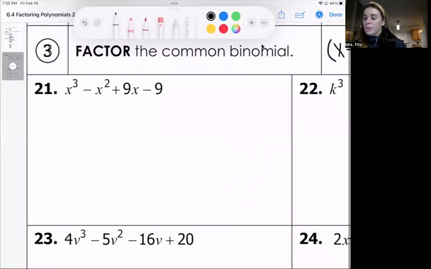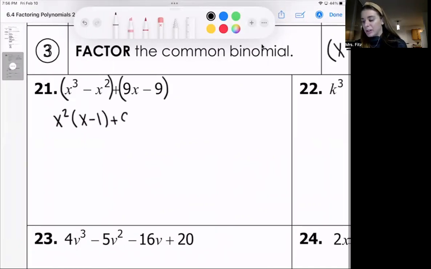All right, so number 21, we always start by grouping the first 2 terms and the last 2 terms. We're going to factor out the GCF, so x cubed and x squared, they have a GCF of x squared. I'm left with x minus 1, and then 9x and 9 have a GCF of 9.